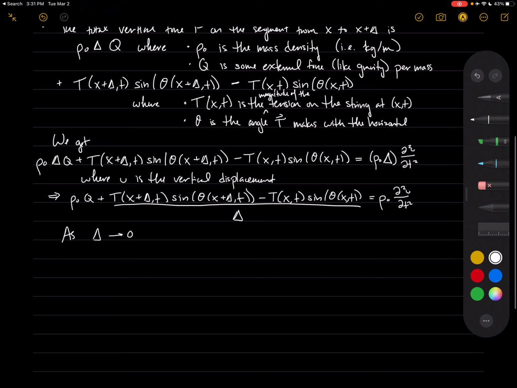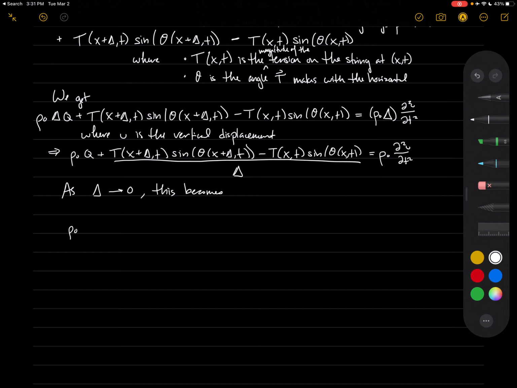As delta goes to 0, and we take the limit, this becomes, so we still have rho naught q, that doesn't change. This guy becomes the derivative of this expression, capital T(x,t) sine theta(x,t), with respect to position.